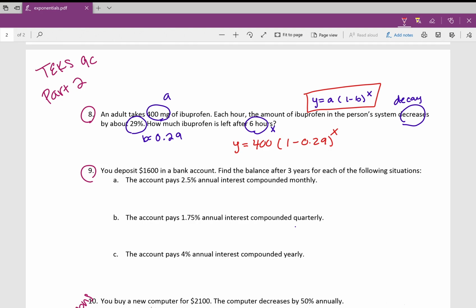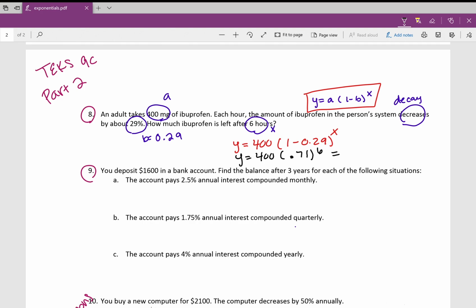So now we're going to solve it. I have y equals 400 times (1 minus 0.29). 1 minus 0.29 is 0.71, to the power of 6. So we're doing 0.71 to the 6th power and then multiplying it by 400.